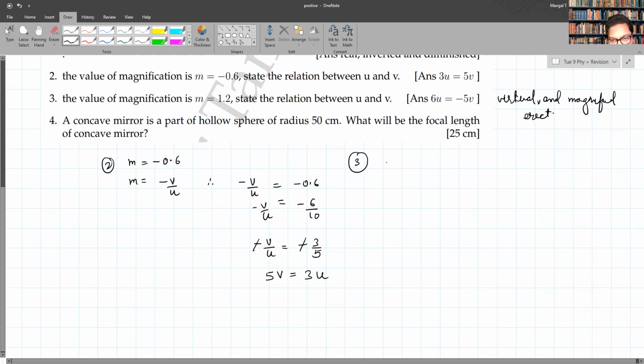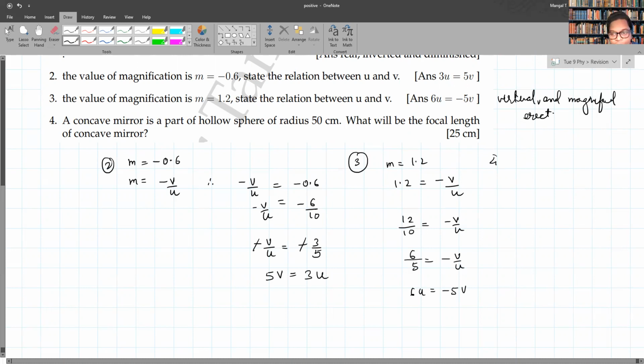Then question 3, m is 1.2. So again, I use 1.2 is -v by u, which is 12 by 10. So 6u is -5v. So this is the relation.